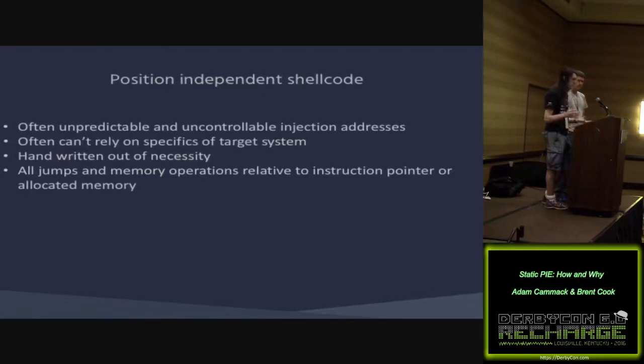But there's a lot of constraints when building shellcode, where it has to be in assembly. And then you don't always know where you're going to be injected, especially with recent memory corruption exploits. Like in JDuck's Stagefright demo yesterday, you just don't know exactly where you're going to be. And so everything has to be relative to what you do know, which is where you are right now while you're running. So everything has to be relative to the program counter on ARM, or to the instruction pointer on x86, or to the return of mmap or something, to wherever you map in or allocate memory.